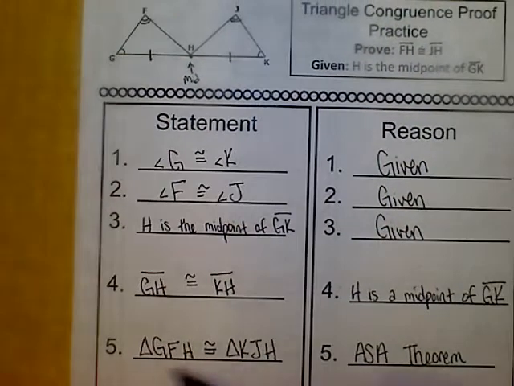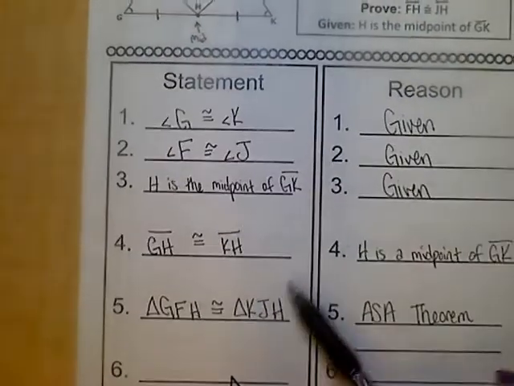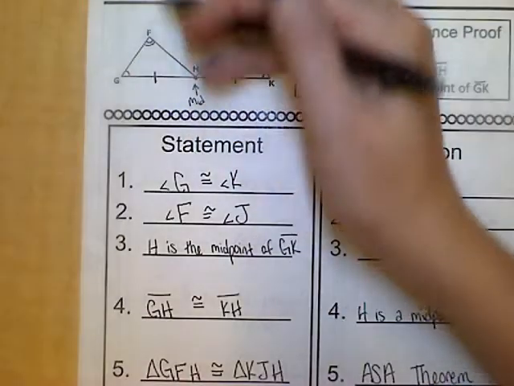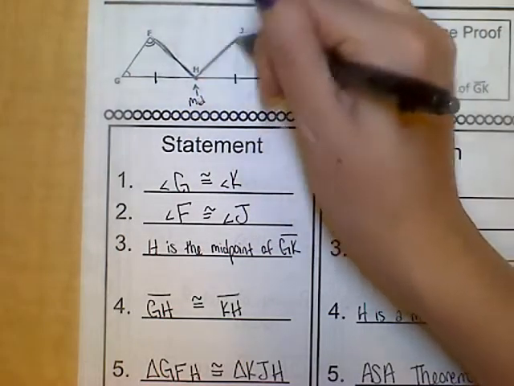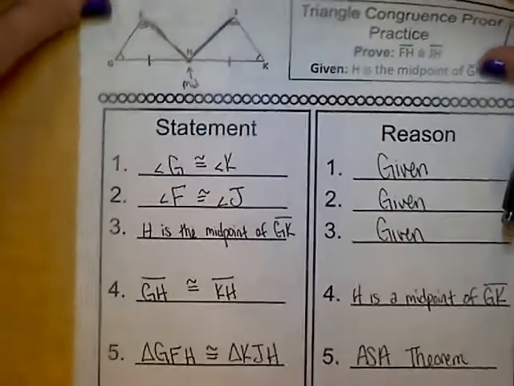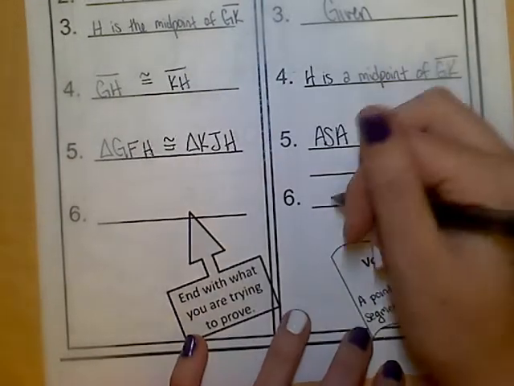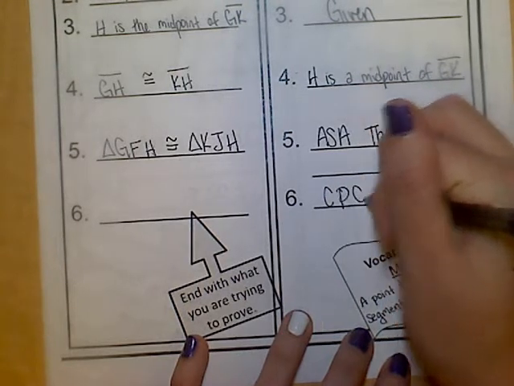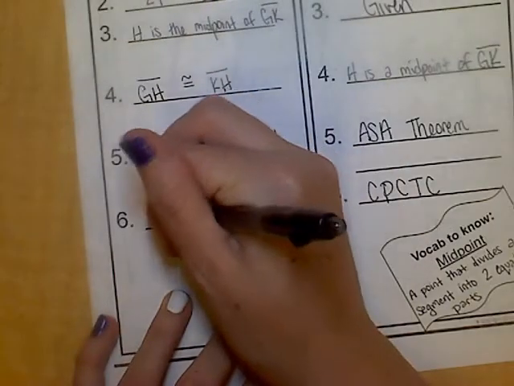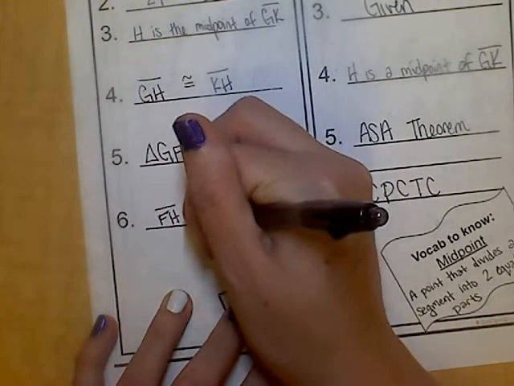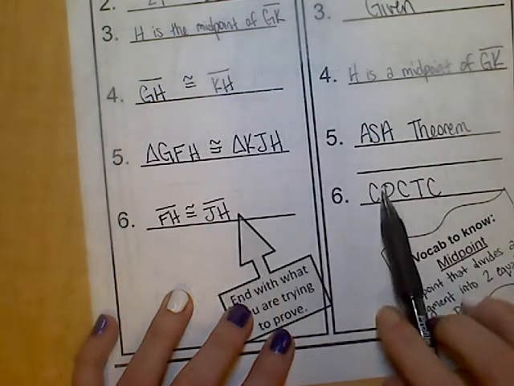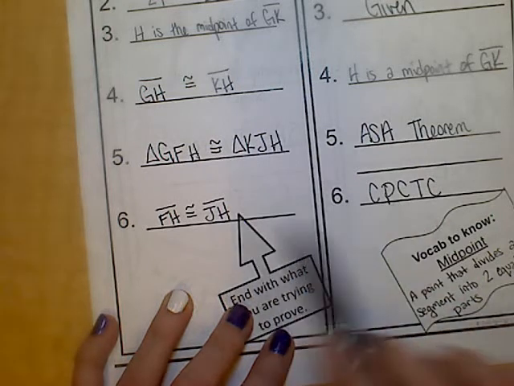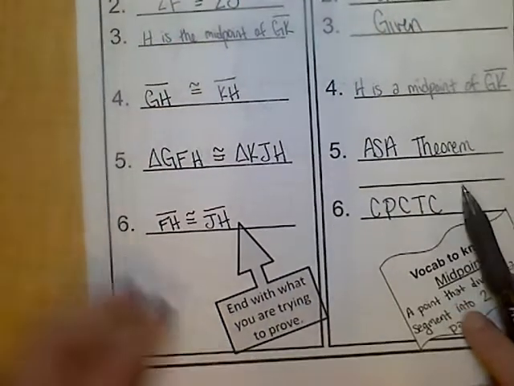So once I know that my two triangles are congruent, I can say that yes, this side, FH, is congruent to this side, JH, because they are corresponding parts, CPCTC. FH is congruent to JH because they are corresponding parts of congruent triangles. And that is it.